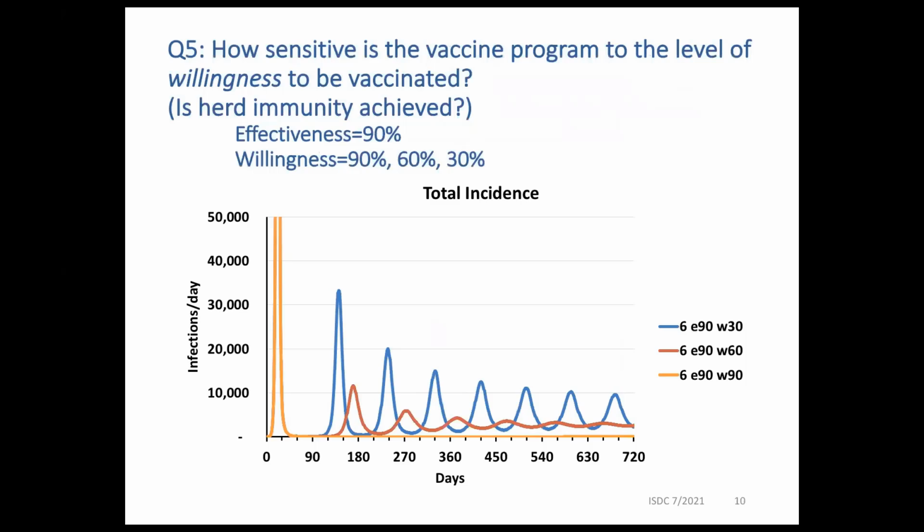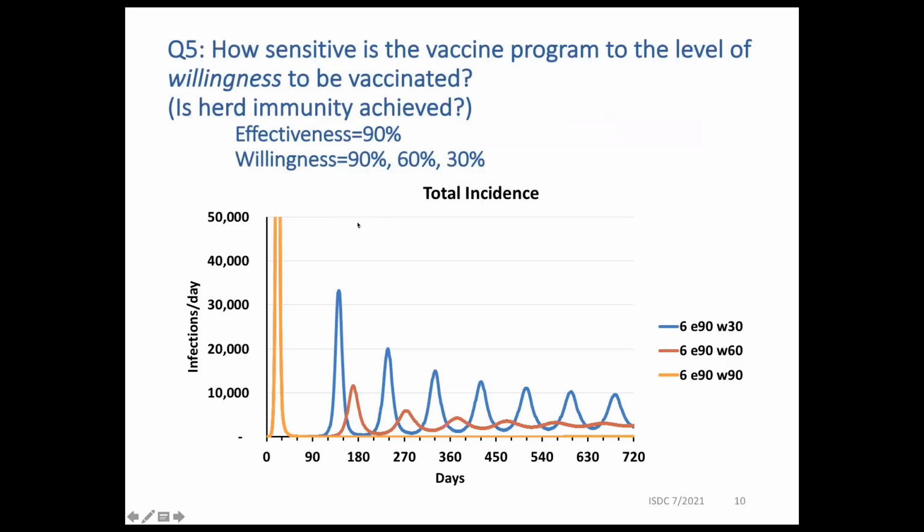How sensitive is the vaccine program to these two parameters of vaccine effectiveness and willingness to be vaccinated? In this set of runs, we hold effectiveness at 90% and see the results for 3 levels of population willingness. High, 90%, medium, 60%, and low, 30%.